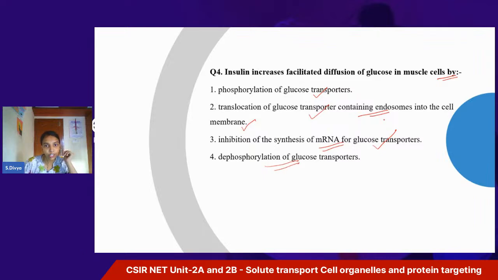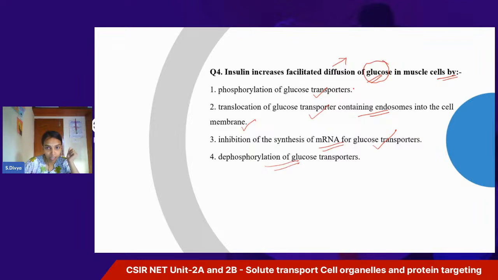Anyone remembers how exactly this glucose molecules are transported in the muscle cells? Okay, I can see some answers coming up. Okay, which or how the glucose molecules are imported to take up the glucose? What is the kind of transporters they are having?